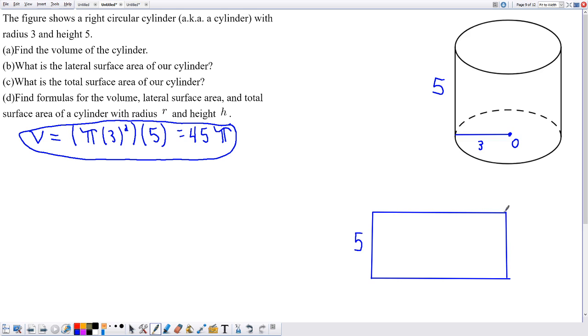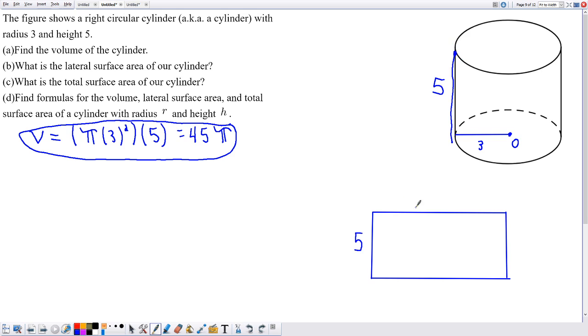But what is this top part? Well, the top part would correspond to the circumference of the circle, because if we were to cut down this line and unwrap it, one end here and one end there, we would have unraveled the entire circumference of the circle.